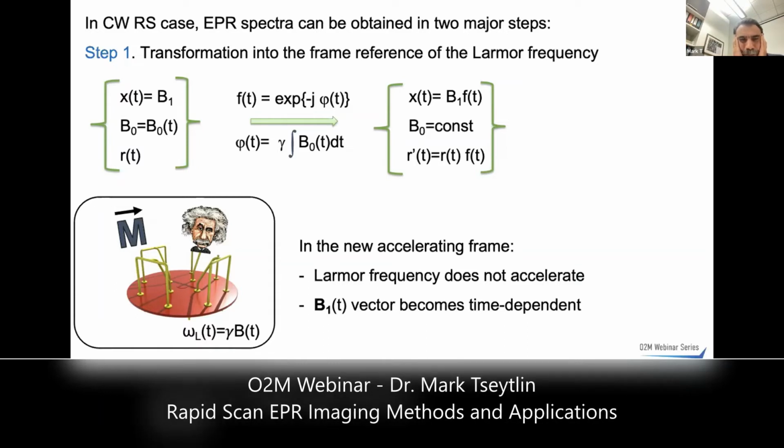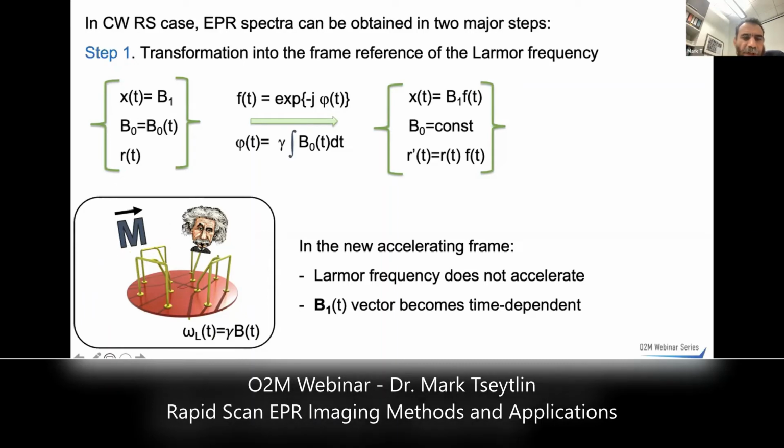If I apply the same logic to rapid scan, when the magnetic field is changing, then as we change the magnetic field, our Larmor frequency also changes. So if we jump onto a reference frame associated with the changing Larmor frequency, exactly that is what we get: the signal becomes a frequency sweep signal at constant magnetic field. And the transformation is essentially just a multiplication.